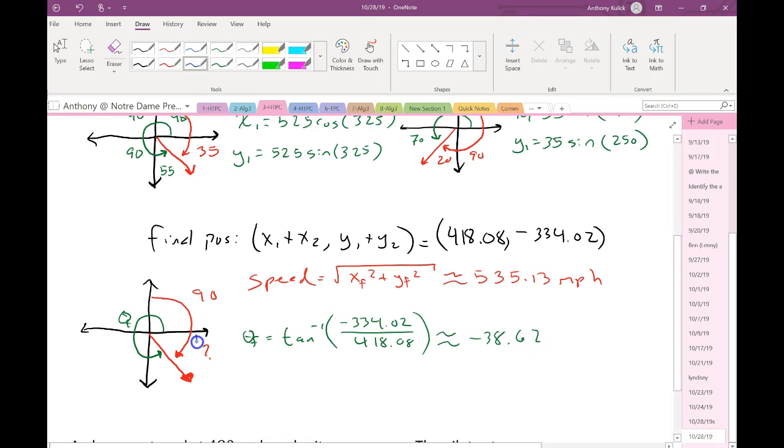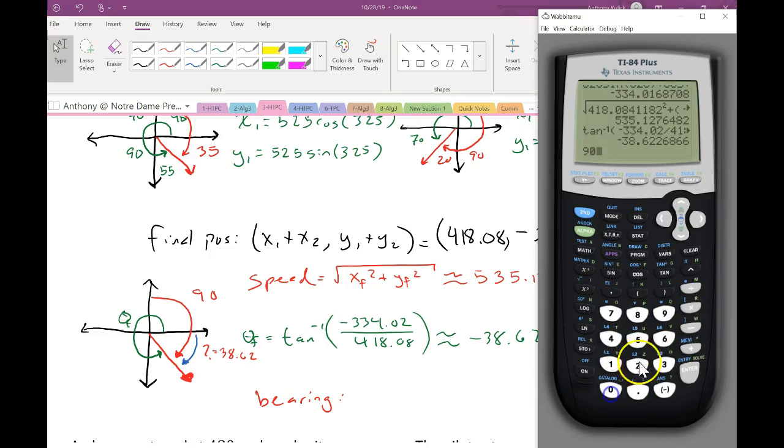So what this is describing is this angle here, right? Well, it turns out I don't even really need to calculate the standard position angle with a positive angle measure. That 38.62 is going to be that question mark. So my bearing then is just 90 plus 38.62.